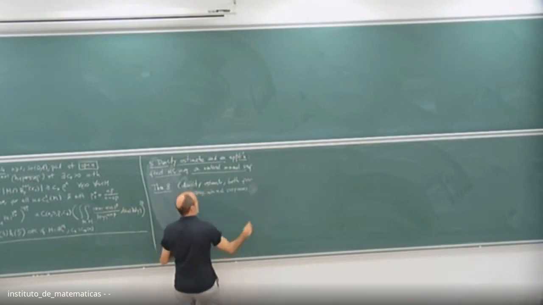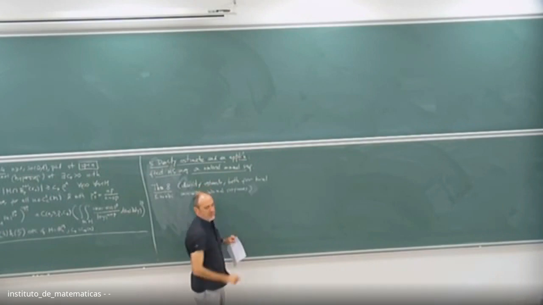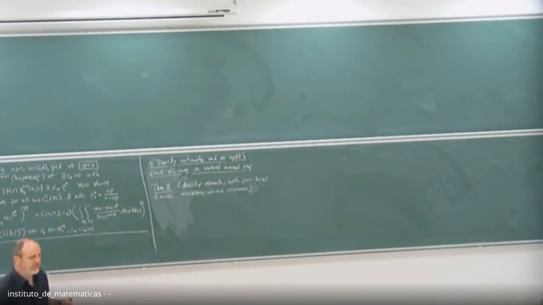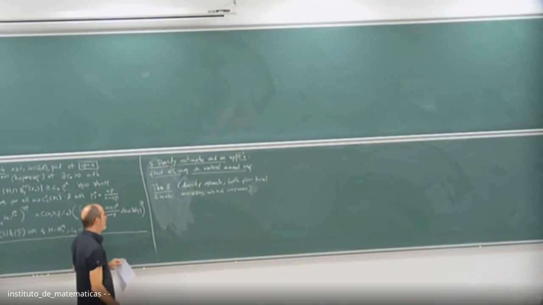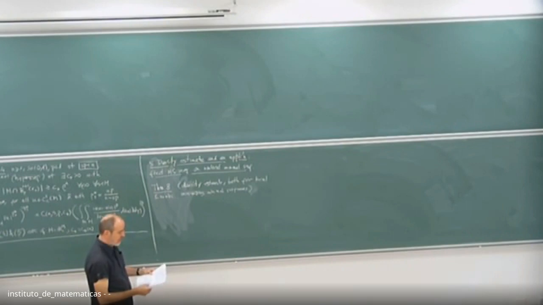Both for local and non-local minimizing minimal surfaces. You can prove it also for non-minimizers in the local case. In the non-local case, I think it's true, but it's not written anywhere. But let's just care for the moment about minimizing, the variational setting from yesterday of Caffarelli, Roquejoffre, Savin.